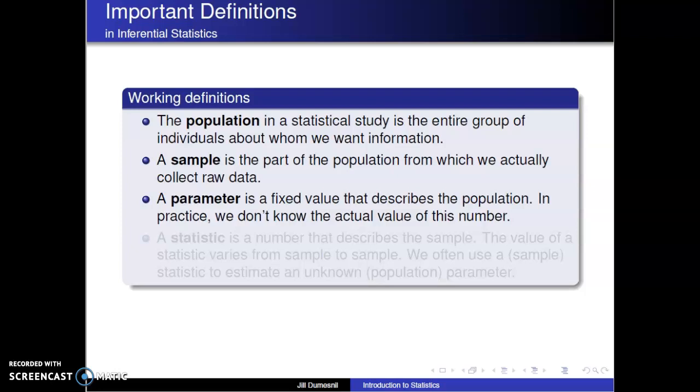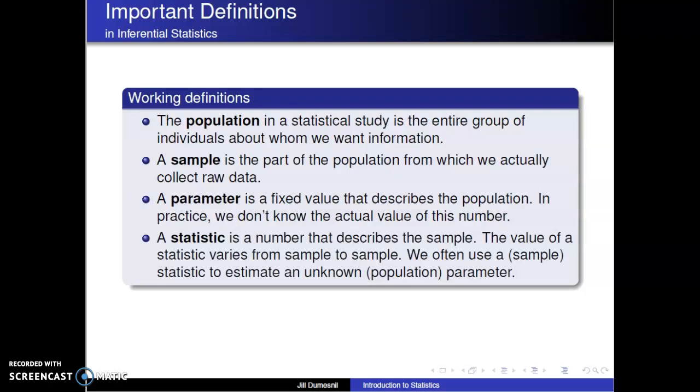In practice, we don't know the actual value of this number. A statistic is a number that describes the sample. The value of a statistic varies from sample to sample. We often use a sample statistic to estimate an unknown population parameter.